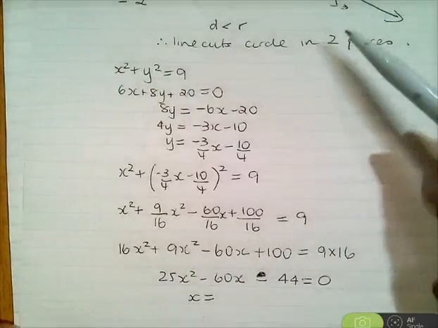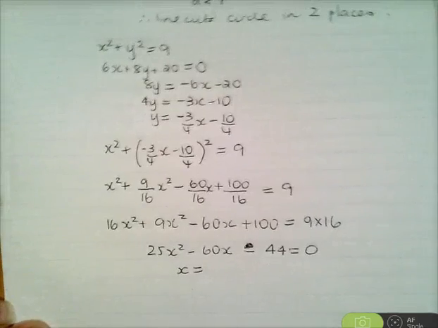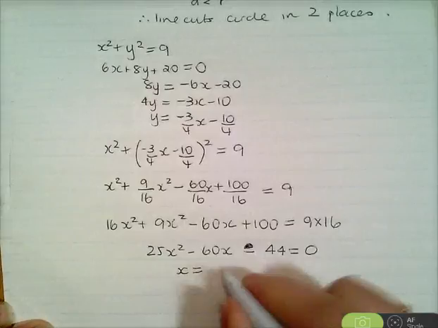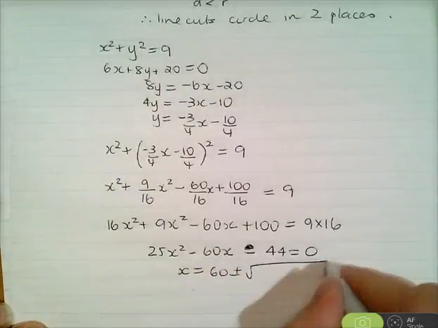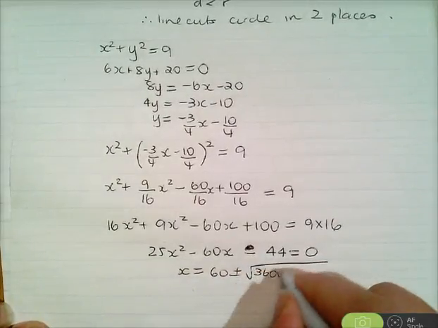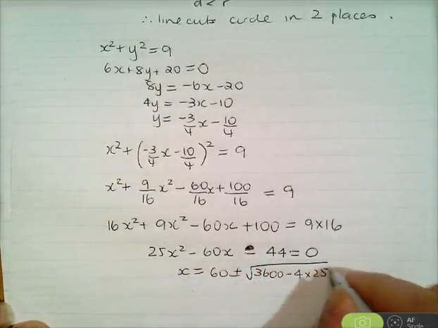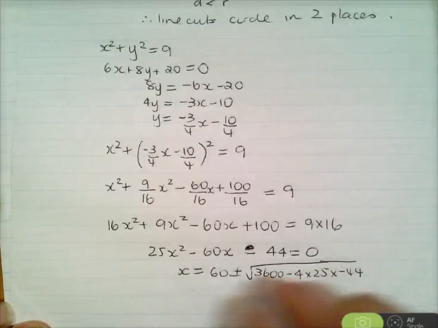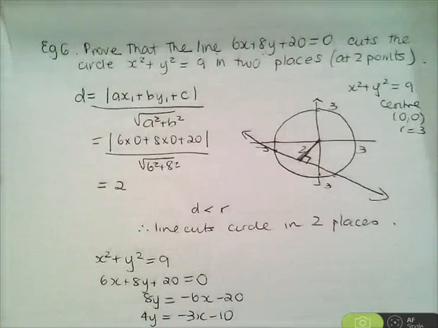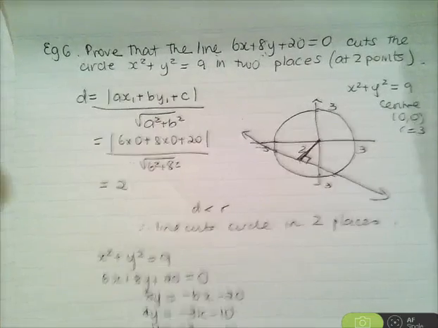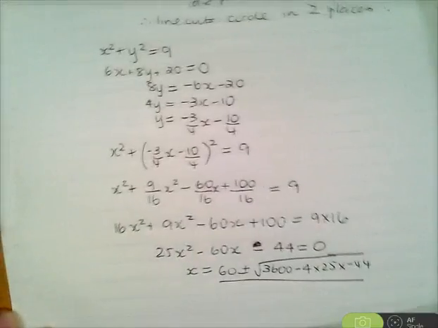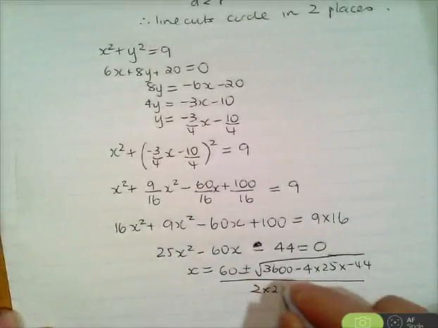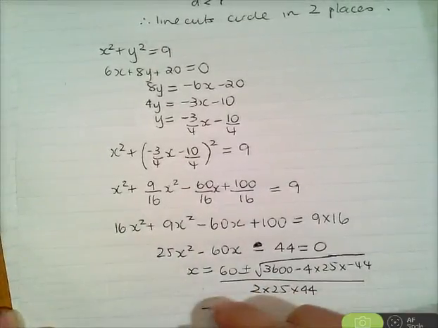It really would be much better to go up and use this top method here. The idea is not to solve it simultaneously. It would just take too long. The idea is that you would know to use the perpendicular distance from the point to the line instead of doing this long, messy method down here, which I am not going to complete.